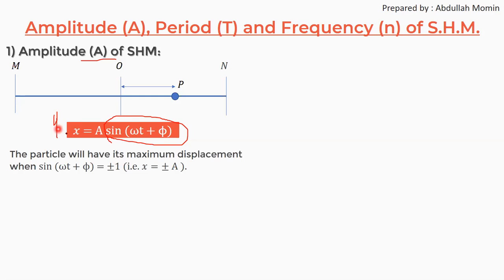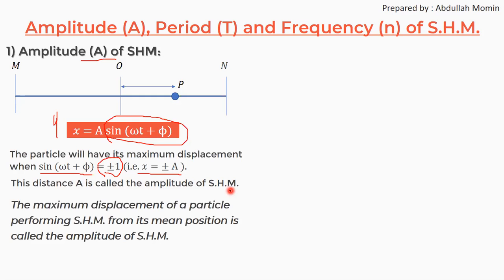The maximum value of sine is plus minus 1. So if this term sine(omega t plus phi) has the value plus minus 1, we will get x equal to plus minus A. And this distance A is called the amplitude of SHM.